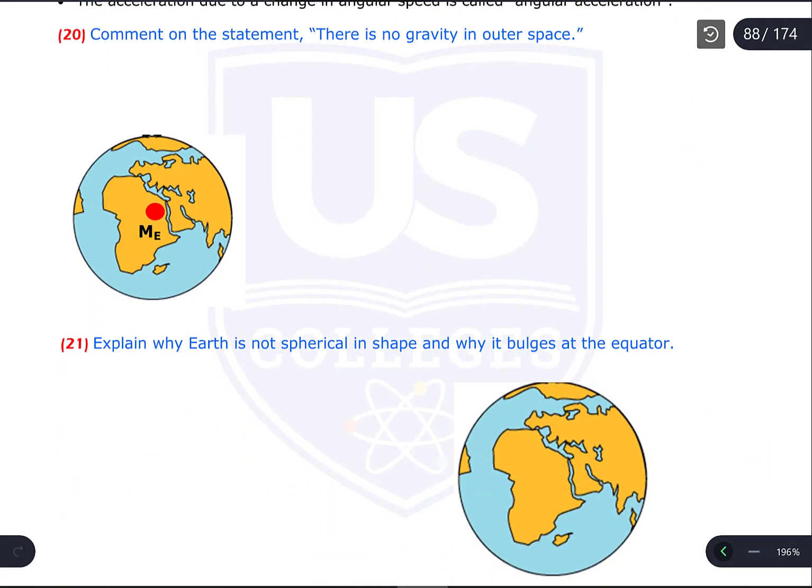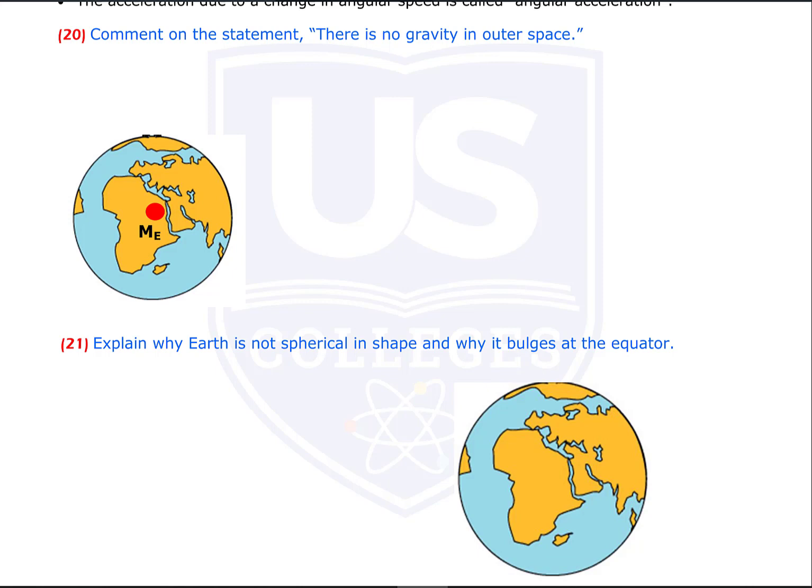And question number 20, comment on the statement, there is no gravity in outer space. We know that gravity is because of the mass of the planet, and this mass produces a gravitational field around the object.